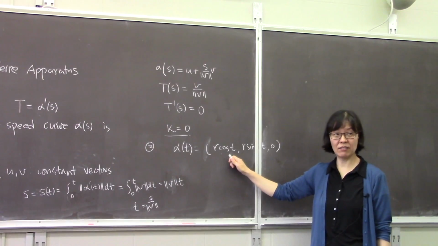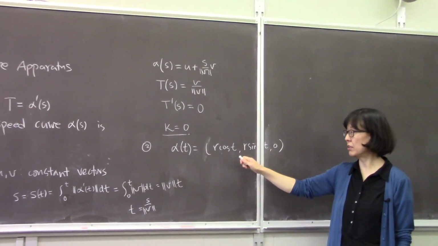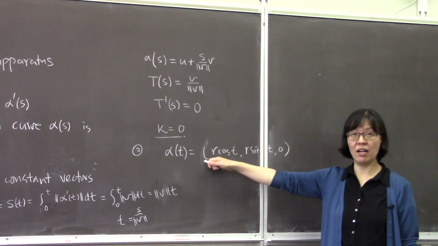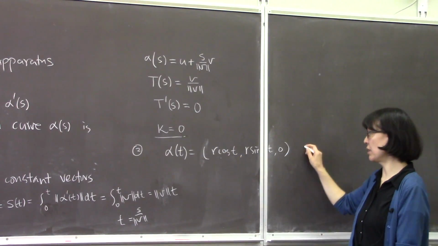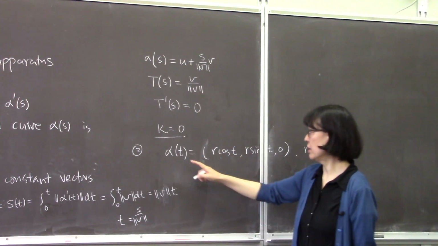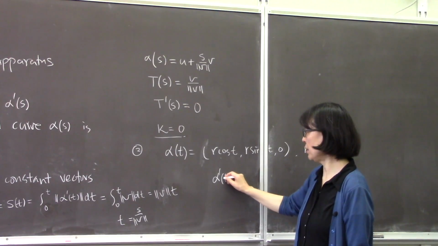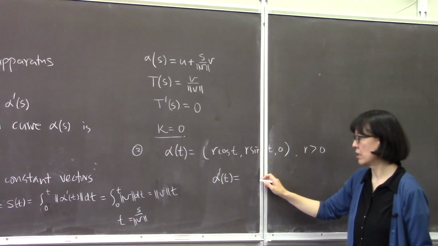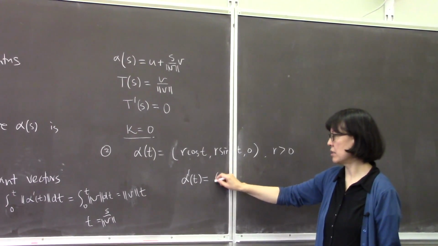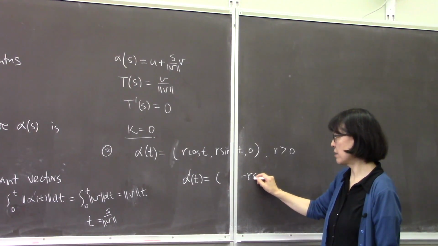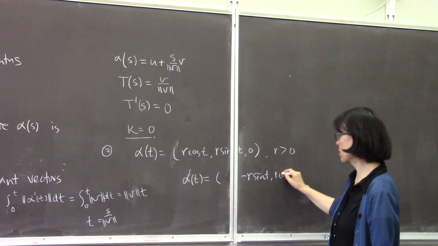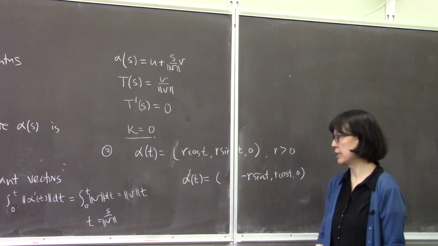That's a circle, right? In the xy plane, with radius r. We take r as a positive constant. Then let's see, alpha prime t is minus r sine t, r cosine t, 0.